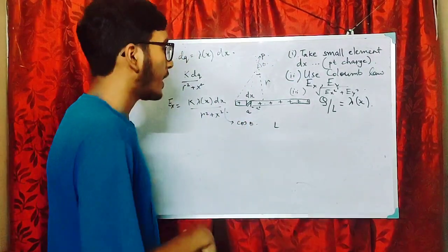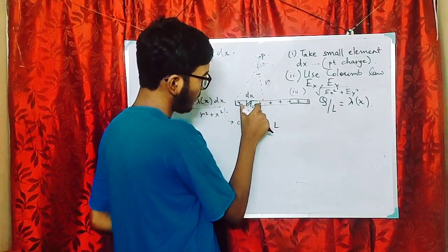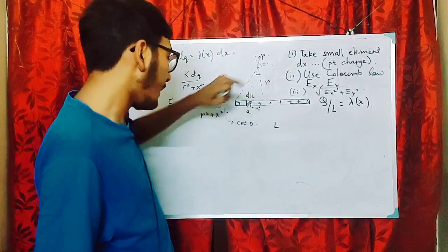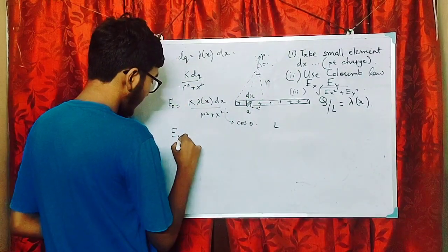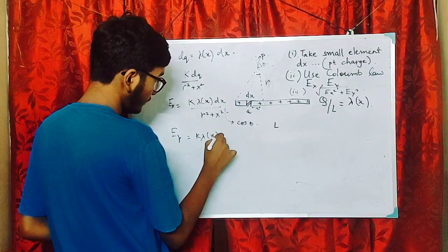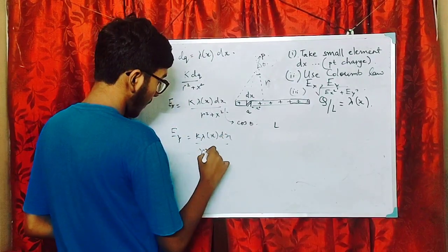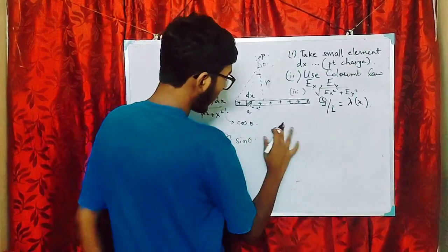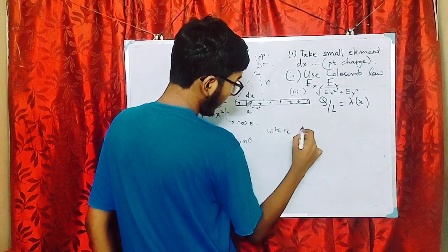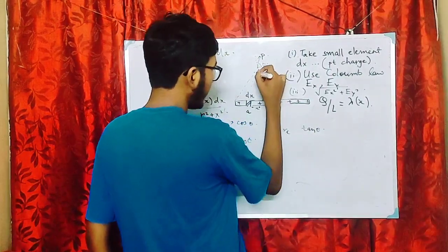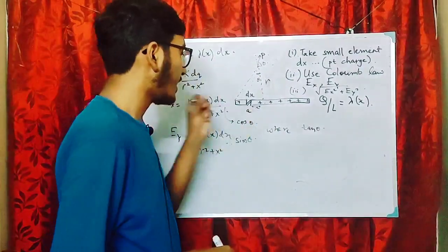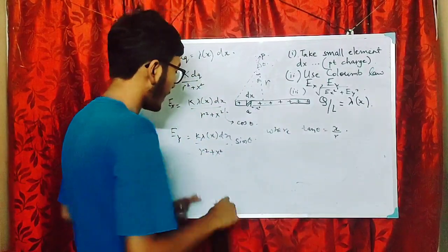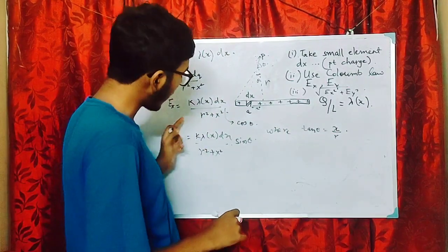Now cos theta again is x by root under x square plus r square, base by hypotenuse, and Ey is this into sin theta, where tan theta is actually x by r. So this into cos theta, this into sin theta, you have got a function.